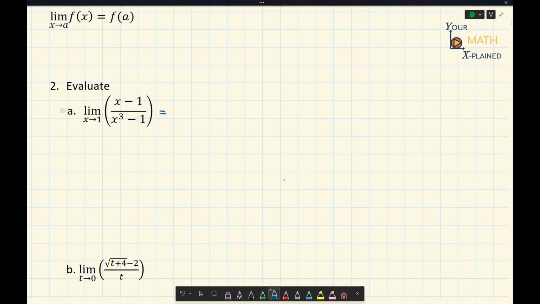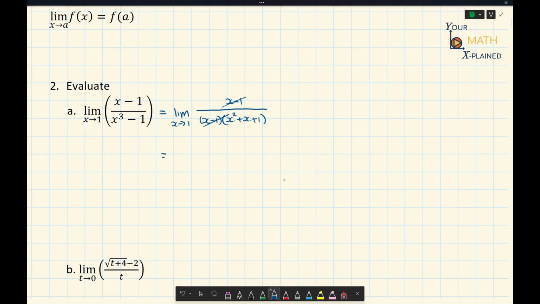So this is going to be equal to the limit as x approaches 1 of, our numerator is just x minus 1, but our denominator, we can factor this into x minus 1 times x squared plus x plus 1. And now we can cancel out the factor x minus 1.